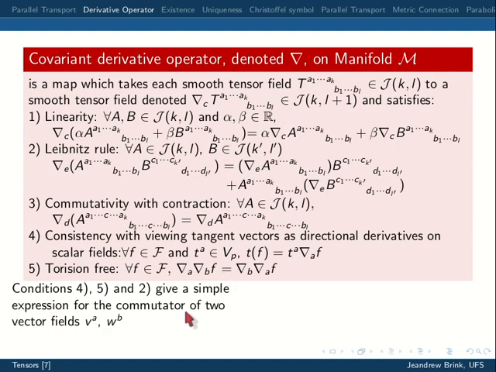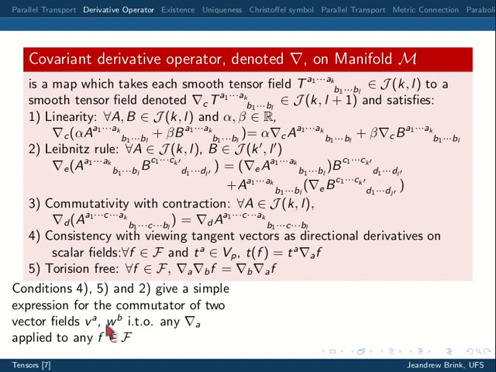As an example of how to use the derivative operator, suppose you have two vector fields, V^a and V^b. Remember, they map the set of all functions to R. They are basically the function interrogator, if you remember the earlier lecture.